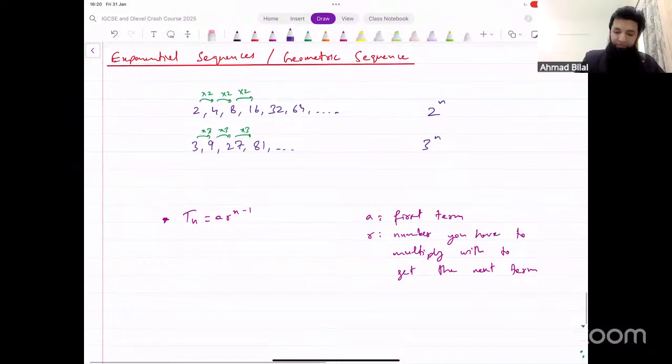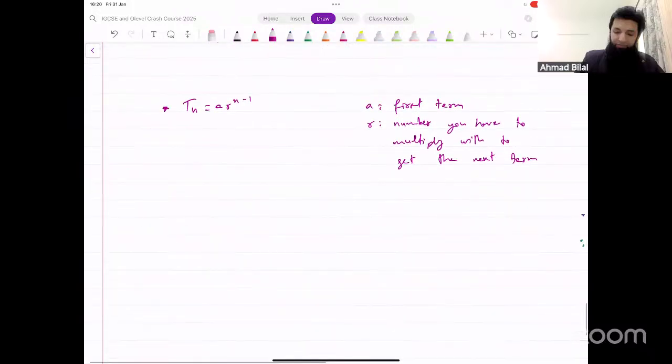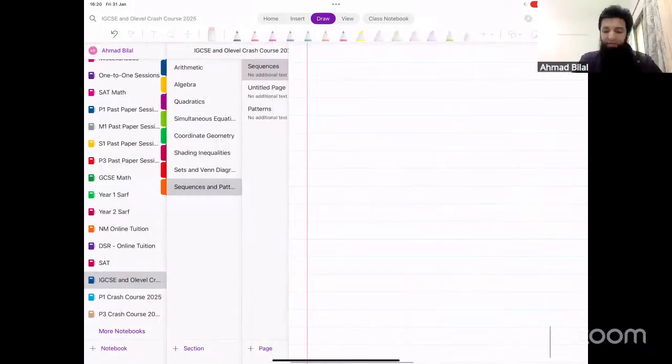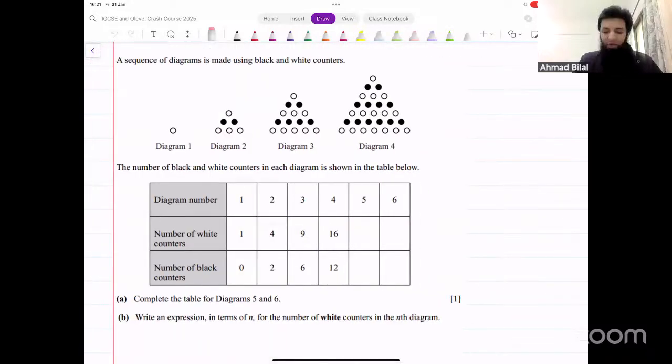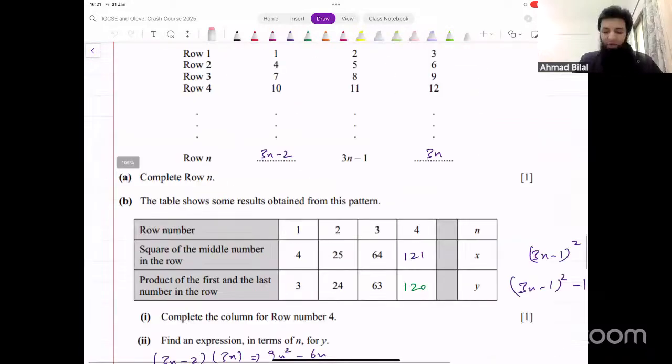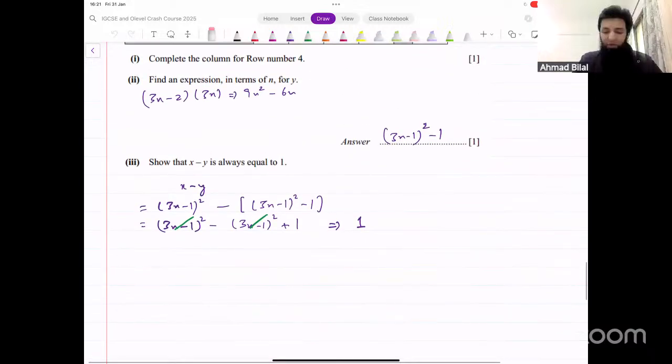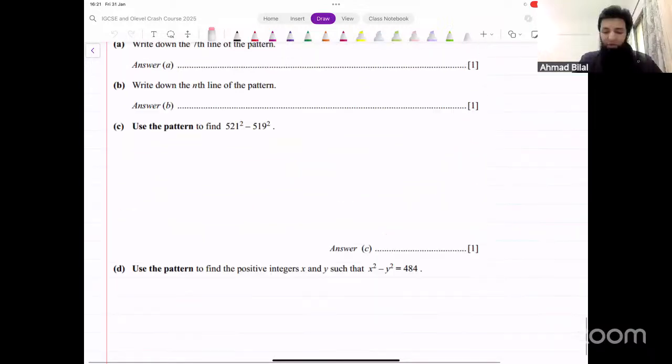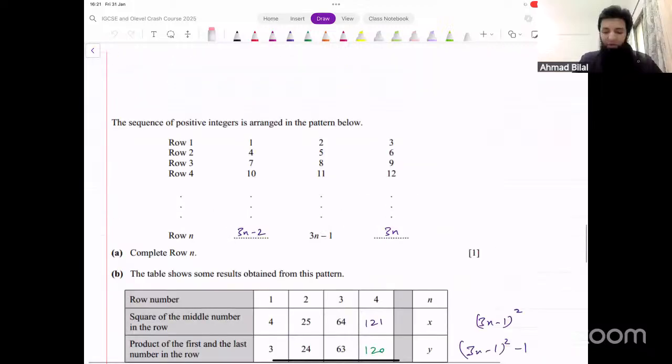There's a general formula for this as well, although you would be able to do everything without it. It's not required that you remember this nth term formula for an exponential sequence. Then we covered some particular examples from this worksheet where we had to spot certain patterns.